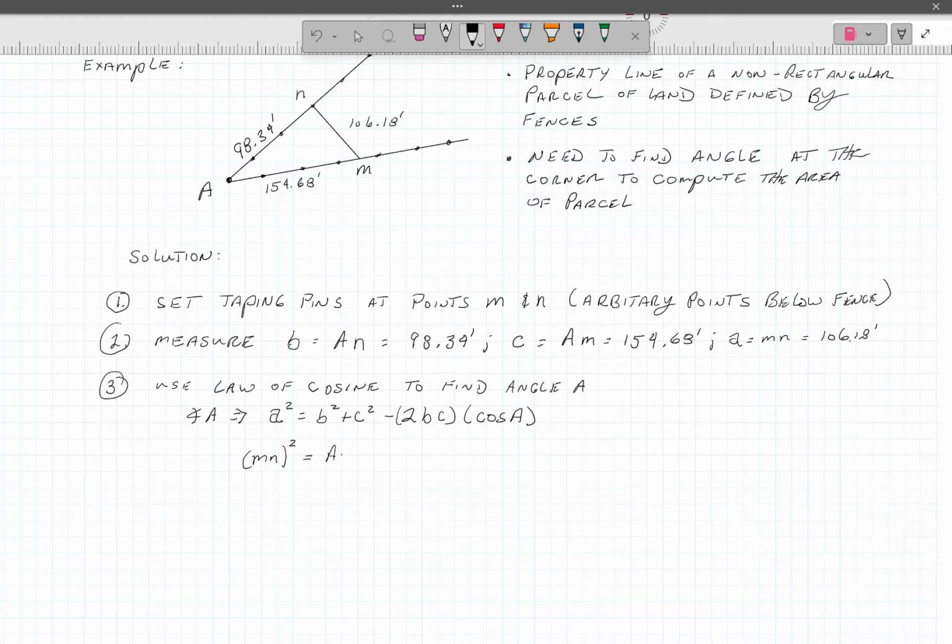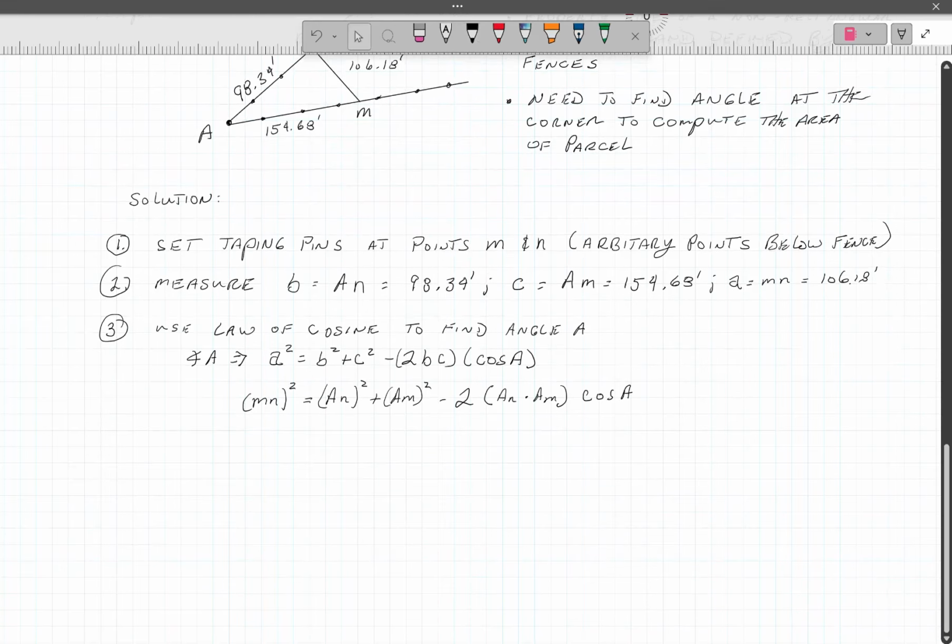B is A to N squared plus C, which is A to M squared, minus 2 times A to M times A M, times cosine A. But remember, we're solving for cosine of A. So if we can get this by itself and get the rest of the equation over on the left, that would make life a little bit easier in the long run.